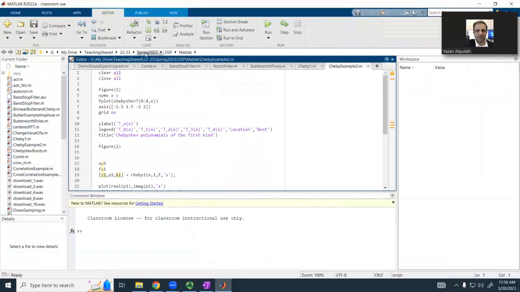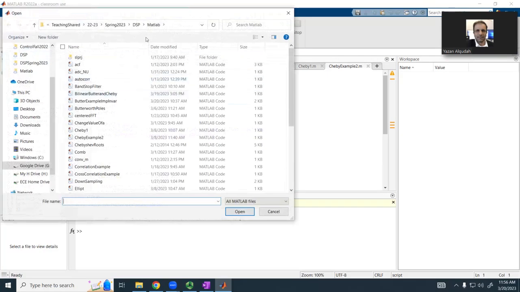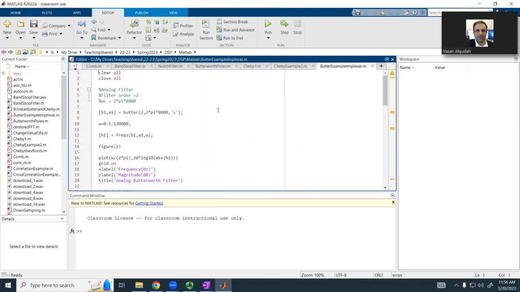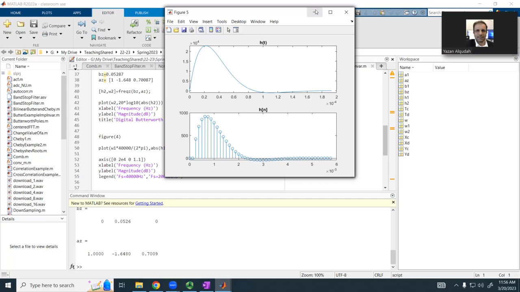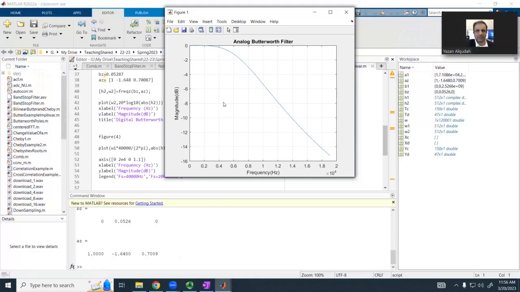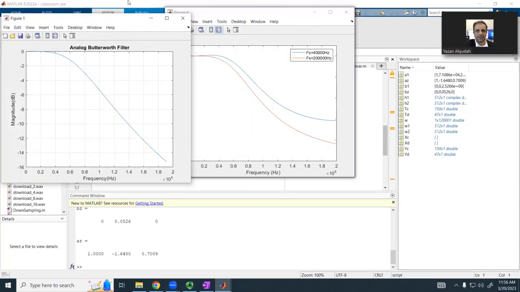So let's run the MATLAB. Okay, so this is our analog Butterworth filter that we designed in the continuous time domain.